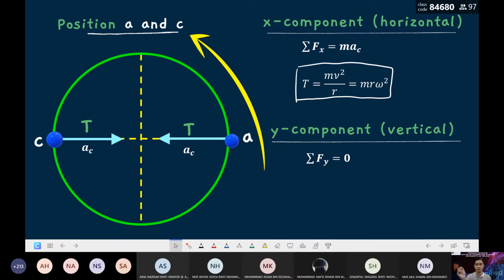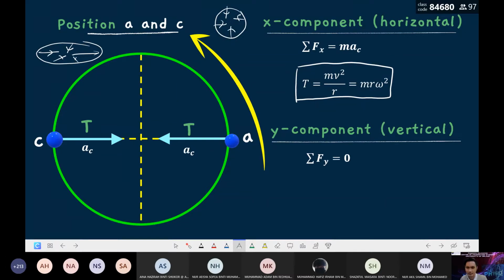Kalau horizontal, bola tu gerak macam ni. Okay. Horizontal dia macam ni. So kita nak kira berapa tension dia kepada center. Tapi kalau untuk vertical, dia bergerak vertically lah, dan kita nak kira berapa tension yang terlibat dekat setiap position.